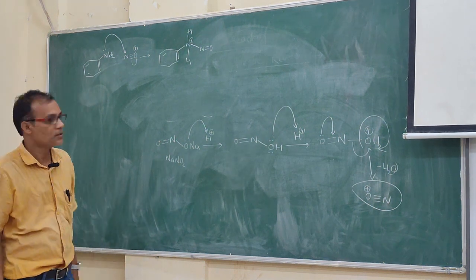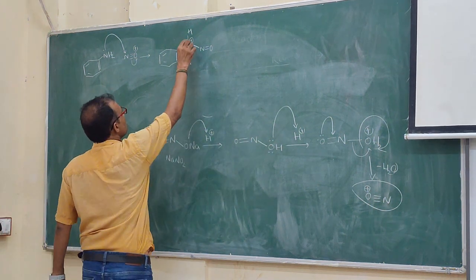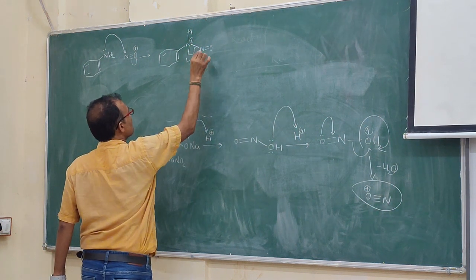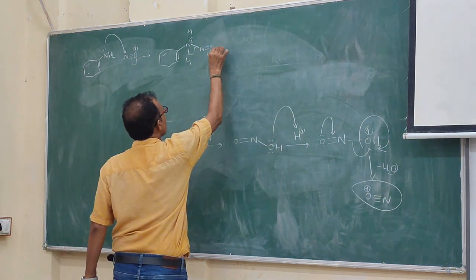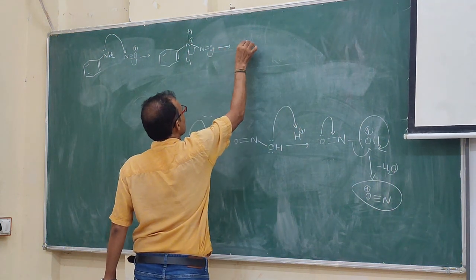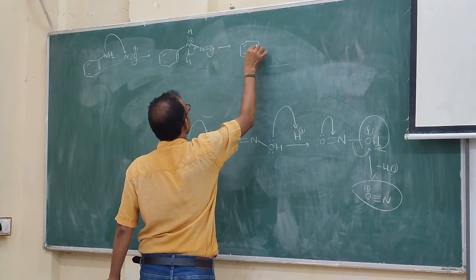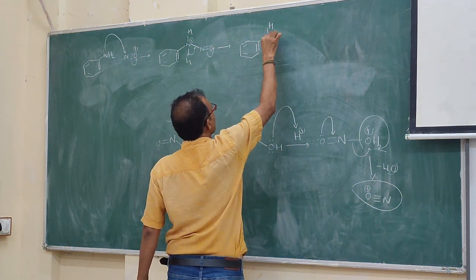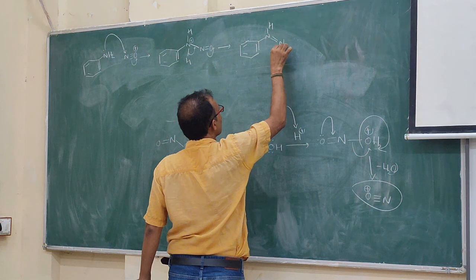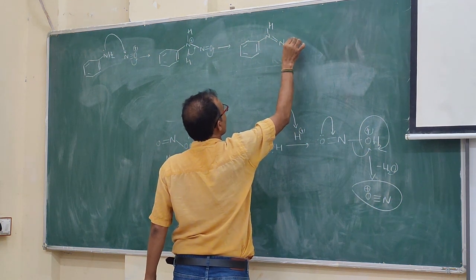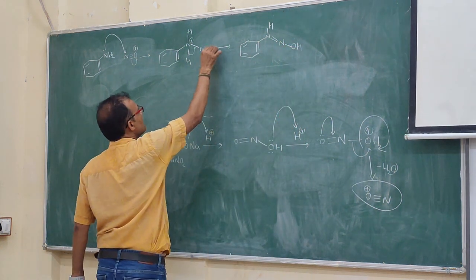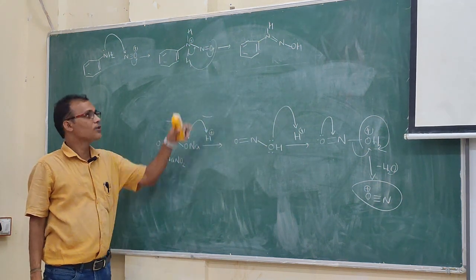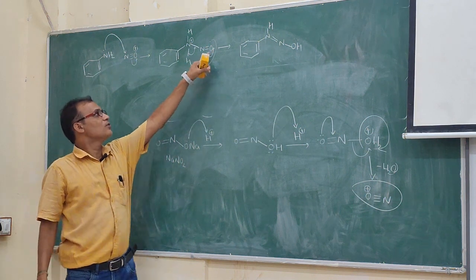Now this hydrogen will be lost, or rearranged. This NH becomes double bond N OH. That means this lone pair of oxygen will take this hydrogen, which goes as H plus, and now this will be O minus. This O minus will take up this hydrogen.